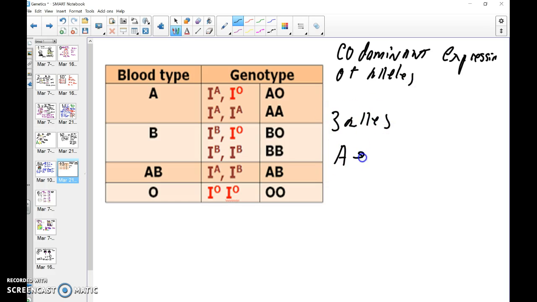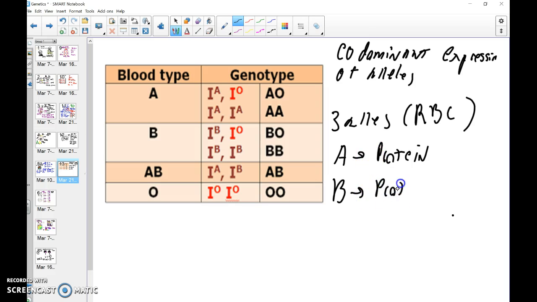There is the A allele, which puts an A protein on the surface of your red blood cells. There is the B allele, which puts a B protein on the surface of your red blood cells. And there is the O allele, which puts no B and no A on the surface of your red blood cells.